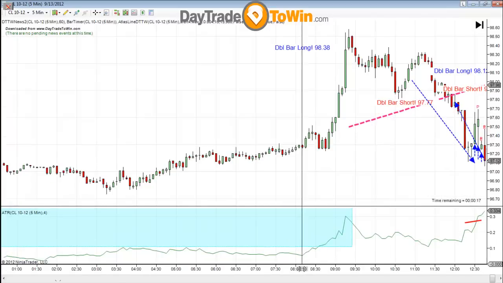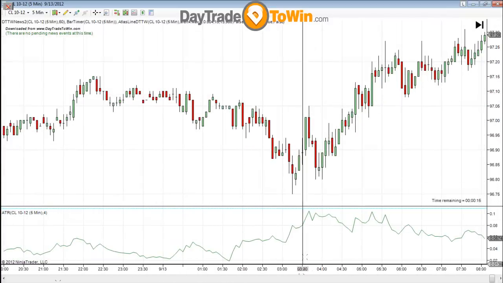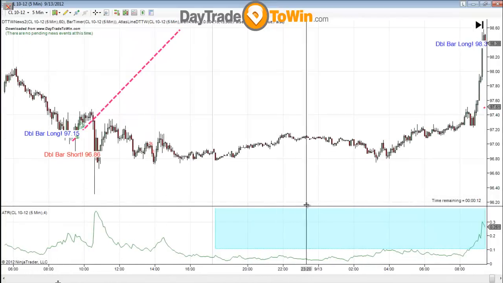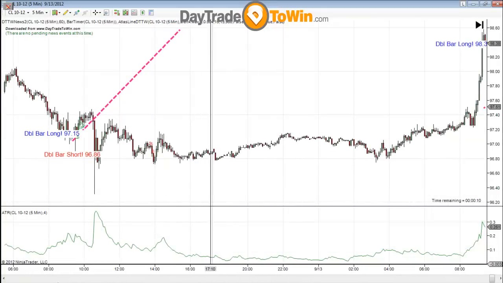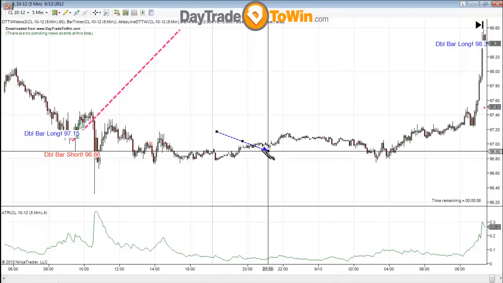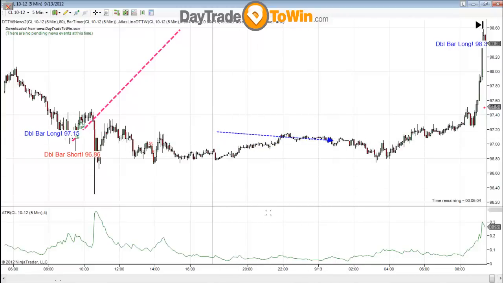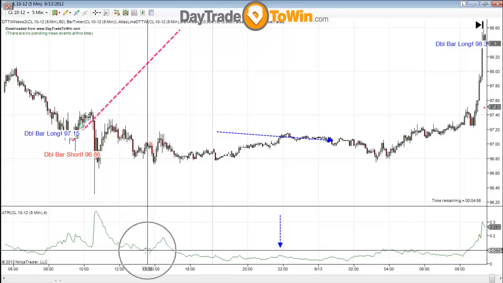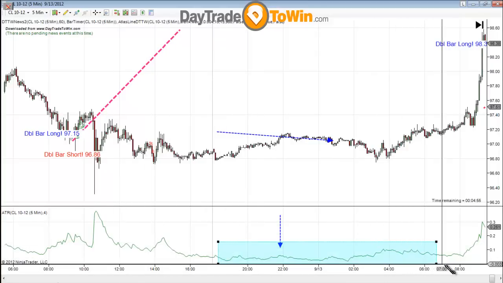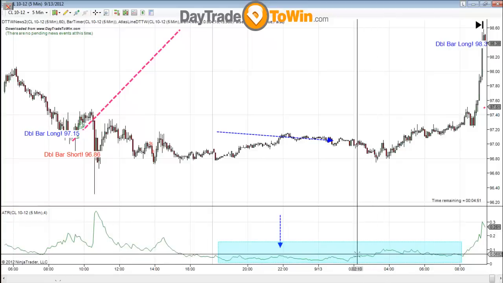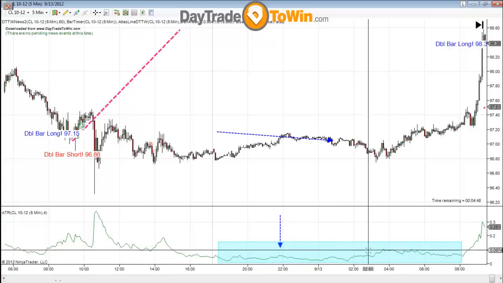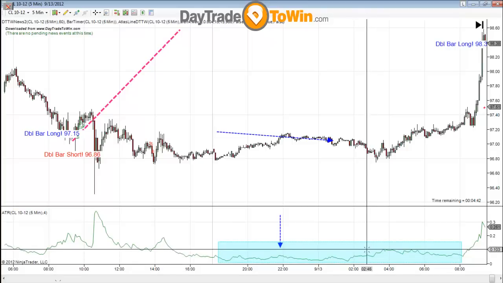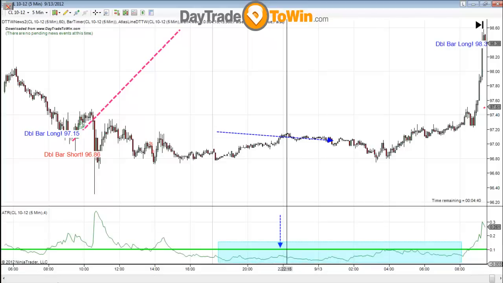For example, you look at this here and you say to yourself, where do all of the dojis and all of the flip-flop occur? Well, it's all this, right? All of this is just red, green, red, green. I look down and relate, where is this ATR? It's right here. So as a means test, don't take any trade that falls below this 0.1, as a means to say I'm not going to get stuck in this back and forth whipsaw.